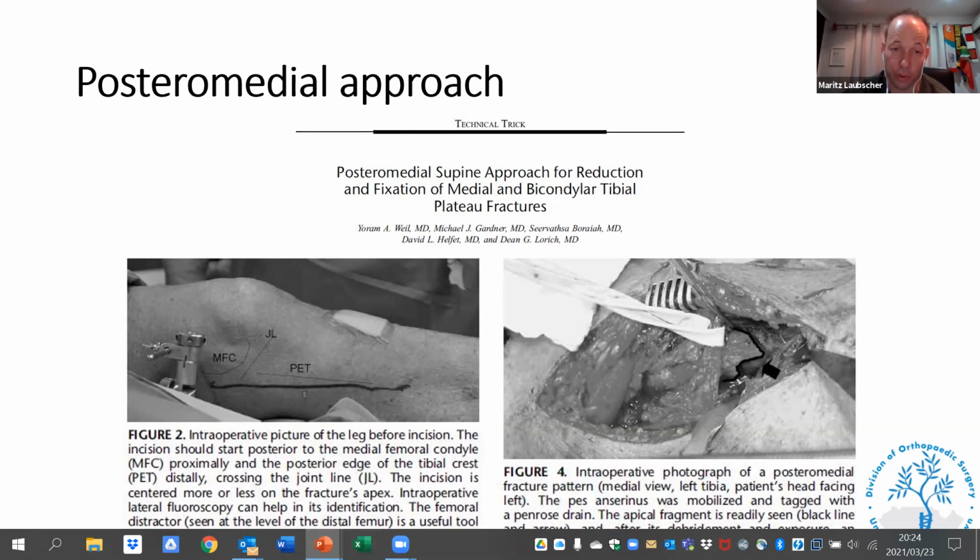But you are medial to the hamstring tendons. Here you are just lateral to the hamstring tendons. Here you are just medial to the hamstring tendons on the posterior border of the tibia.